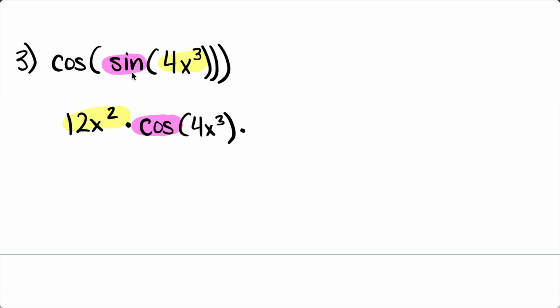Well, outside of sine is cosine. So I'm going to have to take the derivative of cosine. The derivative of cosine is negative sine. So I'm going to highlight this in green, negative sine. And we've already deactivated or neutralized this sine and this 4x cubed.